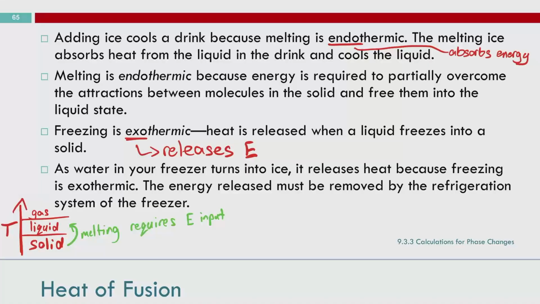If we're doing freezing, we're going from a liquid to a solid. So we're going from a higher energy state of matter to a lower energy state of matter. To decrease our temperature, we would have to get rid of some energy.